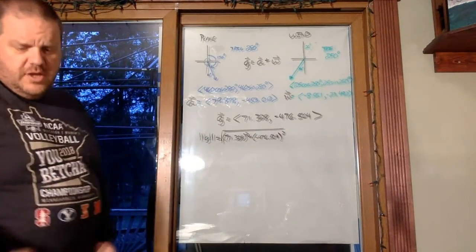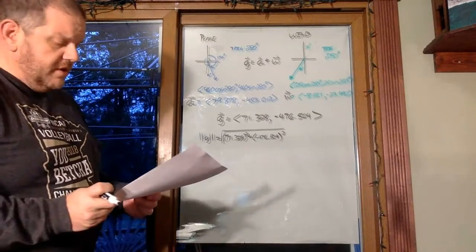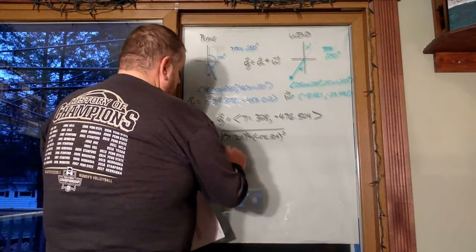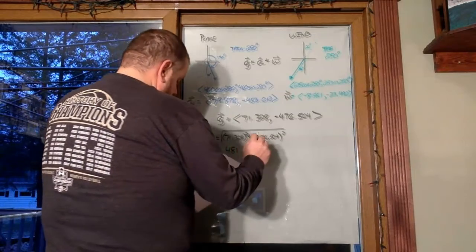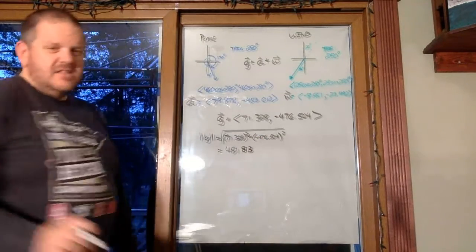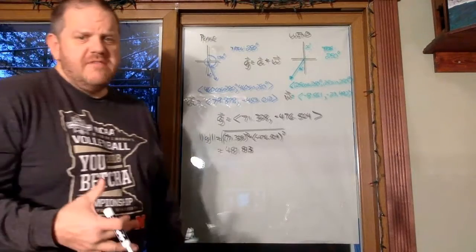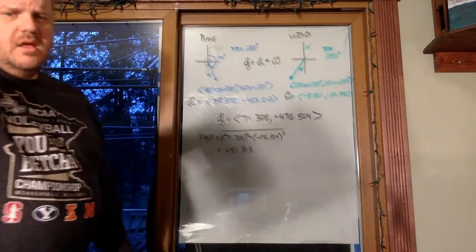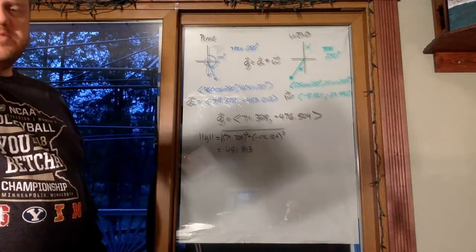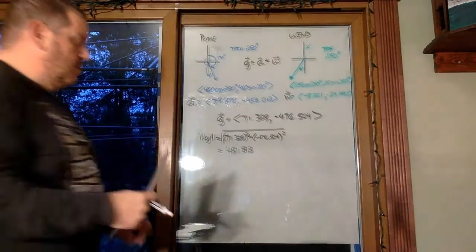So when you do that on your calculator, you would get 481.813. That's the magnitude of that vector. So then that's going to be the speed. So that would be miles per hour.